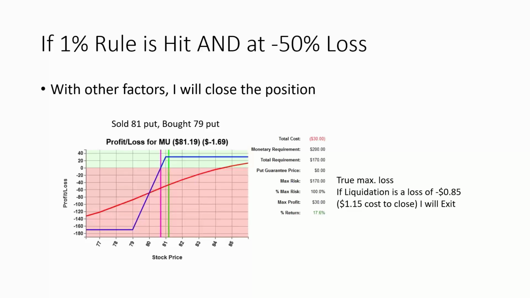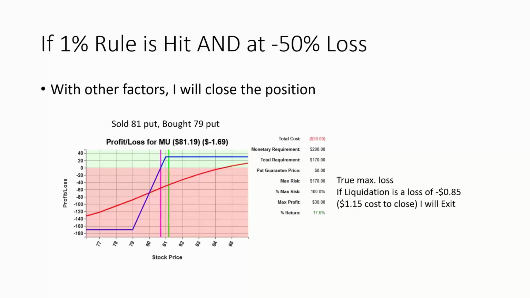But if my liquidation value, the loss if I close the position, is half of the maximum loss of 170, 85 cents, or $1.15 cost to close out of the spread, because I keep that 30 cents regardless of what happens, so I'm really only losing 85, which was half of that maximum loss, then I will exit the position. If both are triggered, absolutely. That's a hard stop for me.